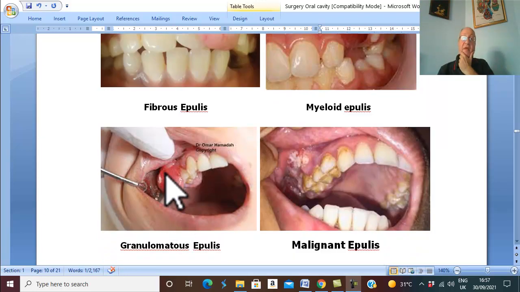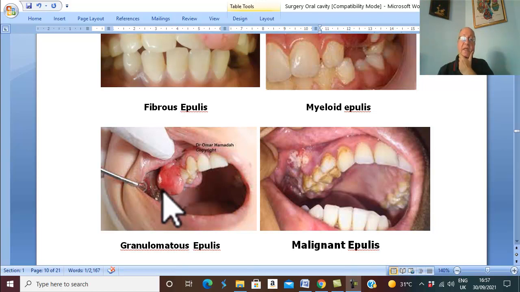The third type of epulis is granulomatous epulis. Granulomatous epulis is a septic granuloma. Why septic granuloma? Due to sepsis, carious teeth.